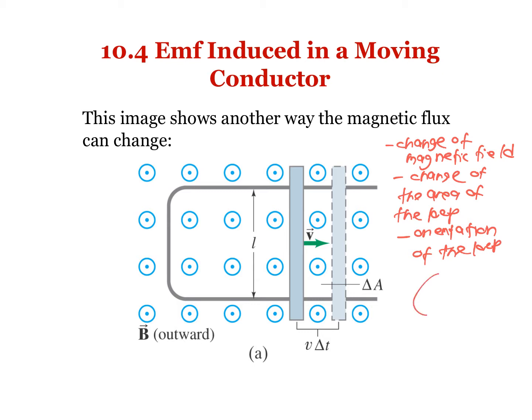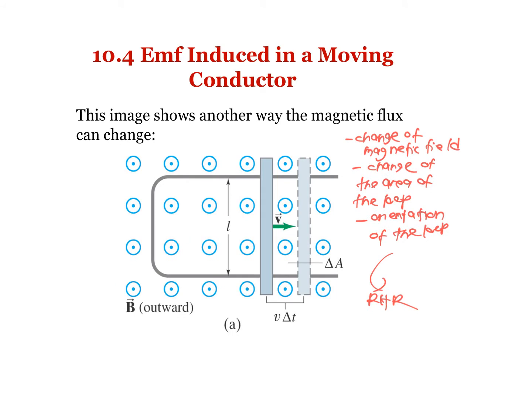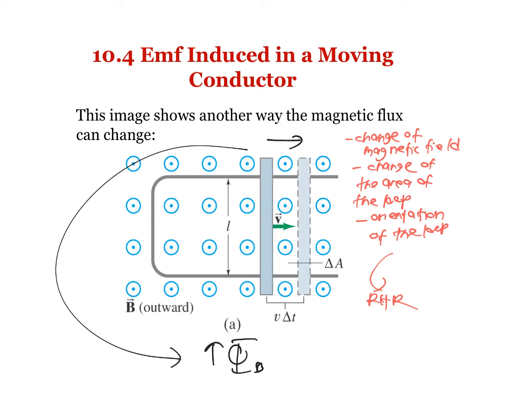We are going to use the right hand rule. In front of you we have this rod that is moving to the right, which is going to increase the magnetic flux. So when this increases, what about the direction of the induced current?